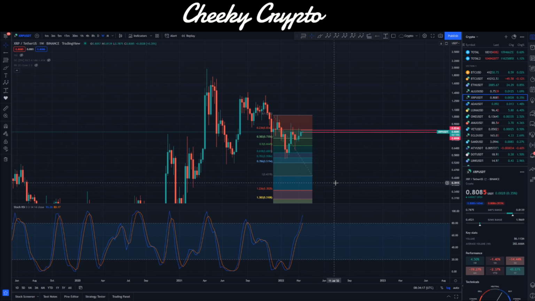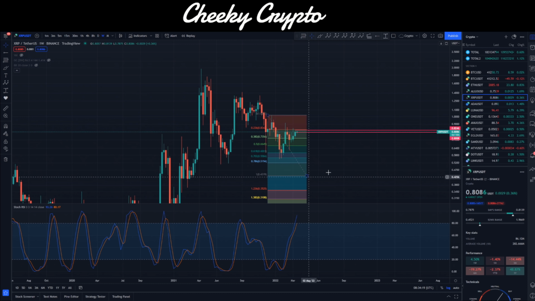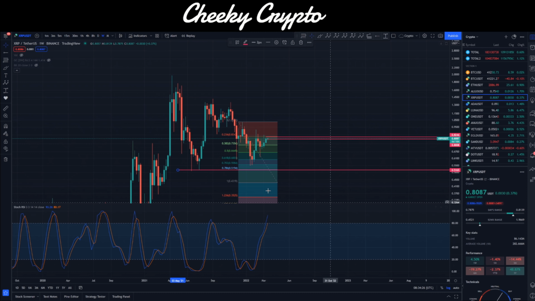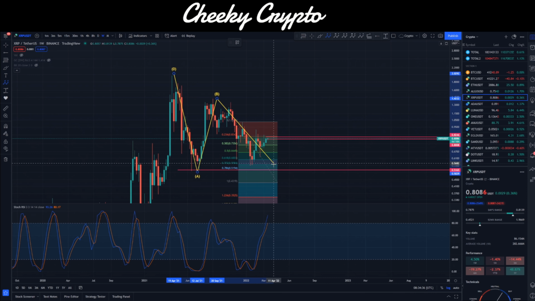I don't think we're necessarily going to go down as low as 43 cent, but some kind of correction pattern is going to form here, and I would like to think it's going to be a double bottom inside this zone, about 51 cent. That to me seems to be the most probable. What you look at here on the weekly, considering we're overbought already, would be some kind of correction from that high point back in April 2021, A, B, C.